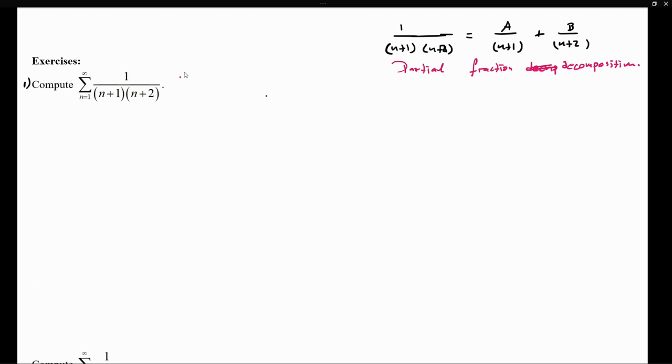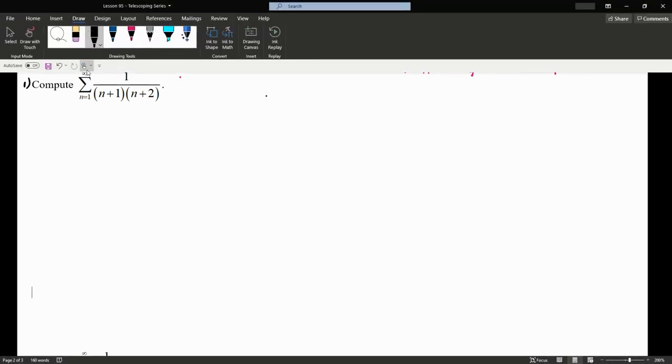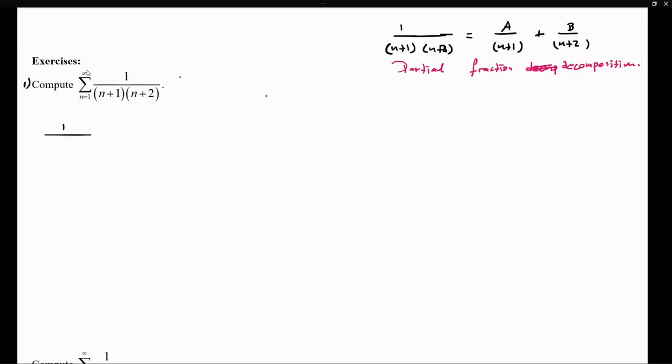So let's do that. I have this expression, and I want to rewrite it in such a way that I find the correct values of those numerators so that both expressions are equivalent to each other.